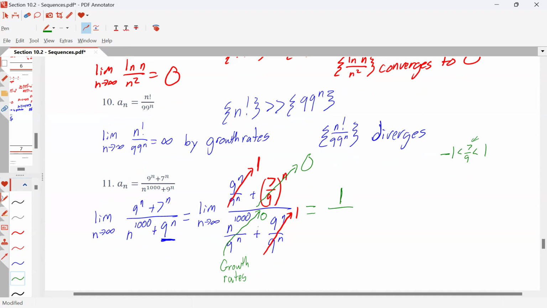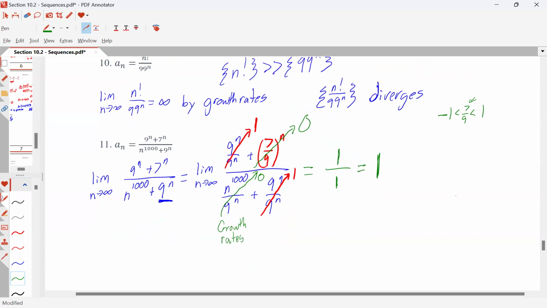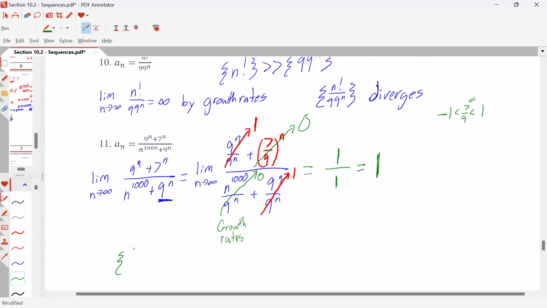And in the denominator, we have 0 plus 1, which is 1. Therefore, the whole limit is 1. This means our sequence, 9 to the n plus 7 to the n, all over n to the 1000th plus 9 to the n, converges to 1. And there are all the examples.